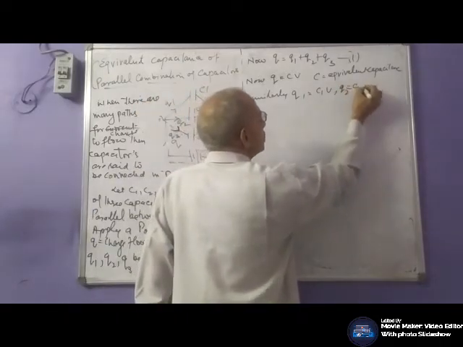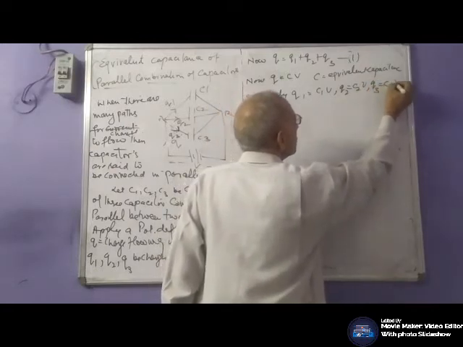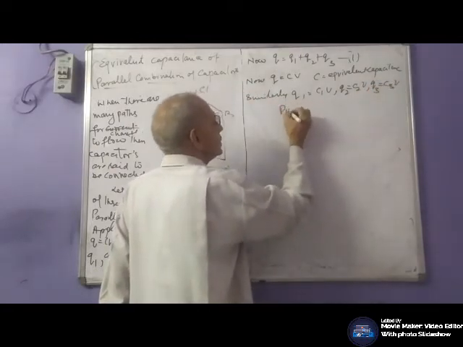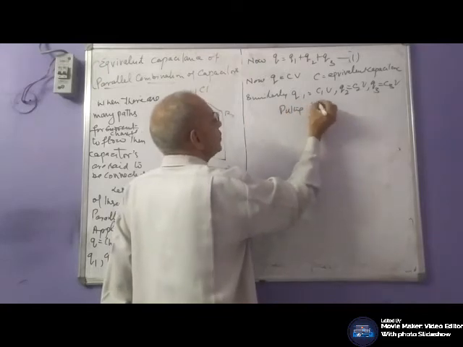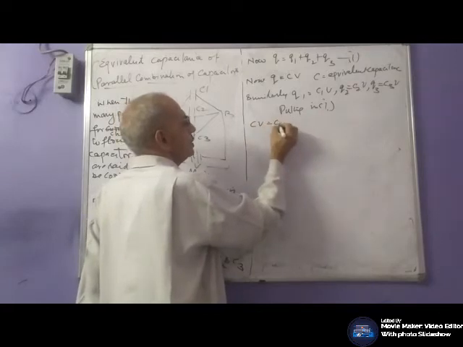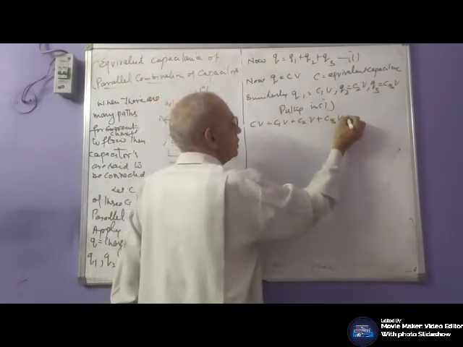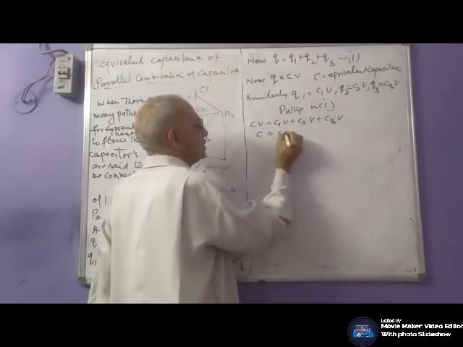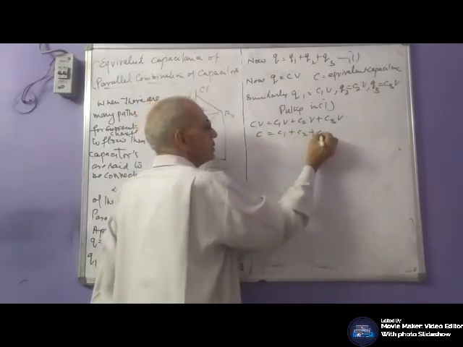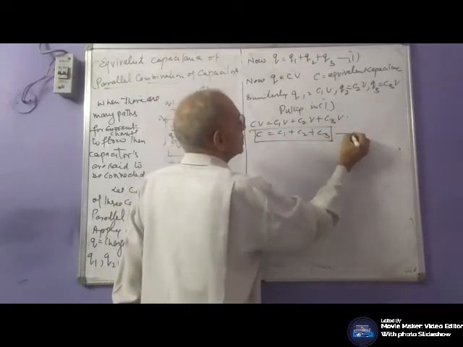Q2 is C2V, Q3 is C3V. Putting in first: CV equals C1V plus C2V plus C3V. V common cancels out. C is C1 plus C2 plus C3. This is the equivalent capacitance.